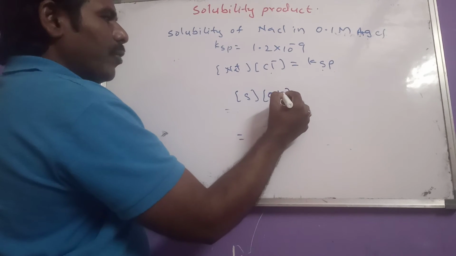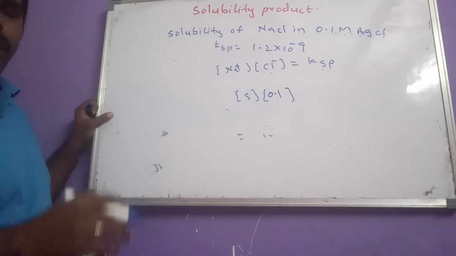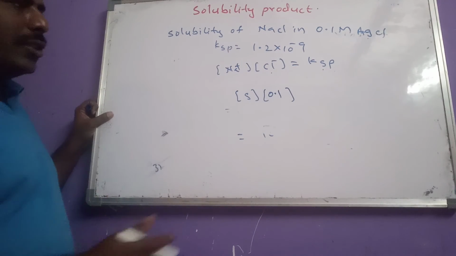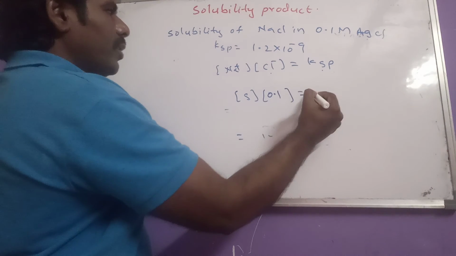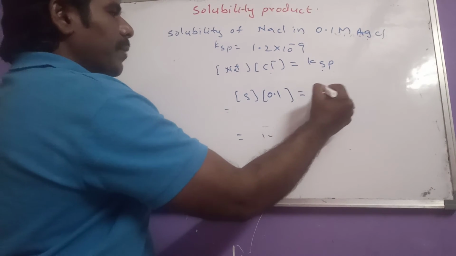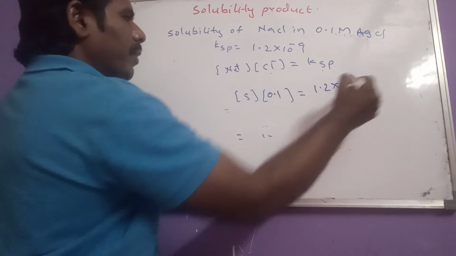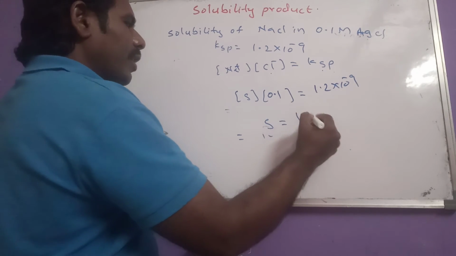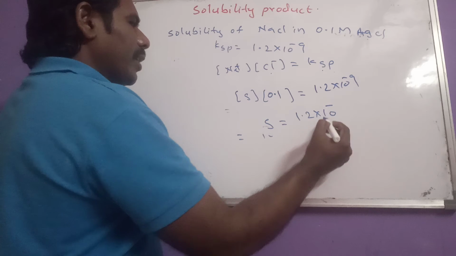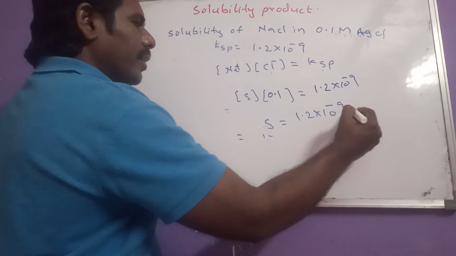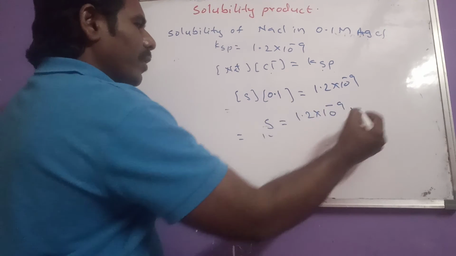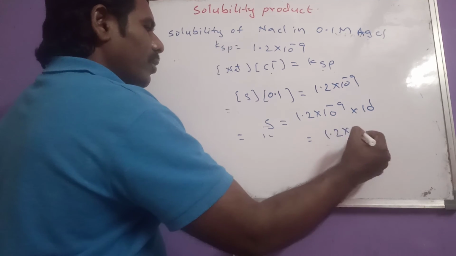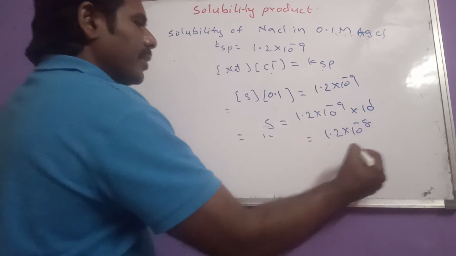Of course, 0.1 plus some S we have to write, but that solubility is very less, so that is neglected. Now that equals 1.2 into 10 power minus 9. Therefore S equals 1.2 into 10 power minus 9 into 10 power 1, so 1.2 into 10 power minus 8.